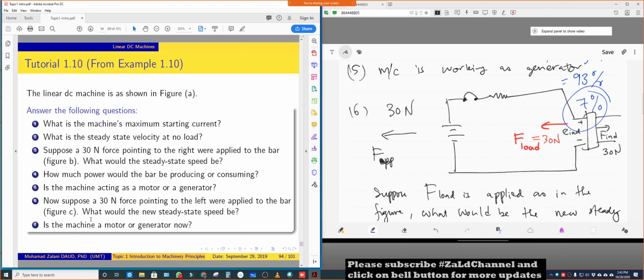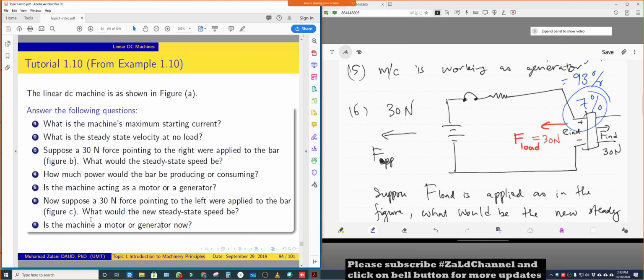Once we try to drill the hole, we apply a force opposite to the initial force acting on that shaft. We call it F load, the load force.